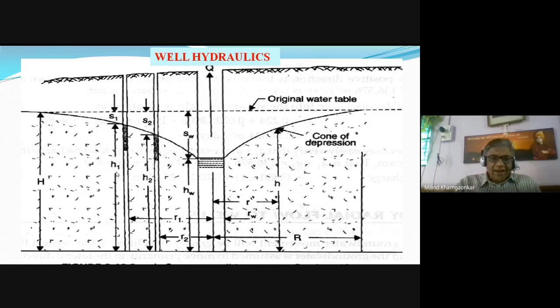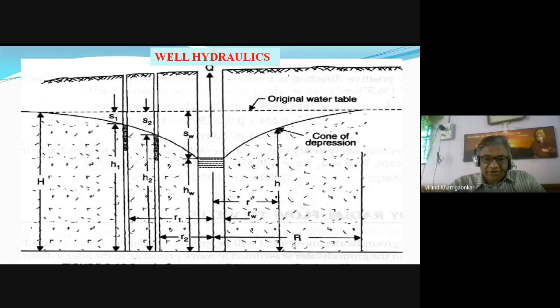And last but not the least, which is very important, at a distance of capital R, meaning maximum radius, the cone of depression's outer periphery or outer circle has touched the original water table. Here, at a distance of capital R from the center of the main well, the cone of depression has touched the original water table.